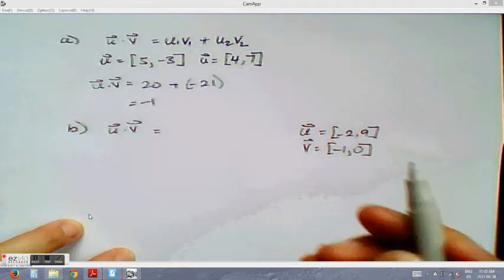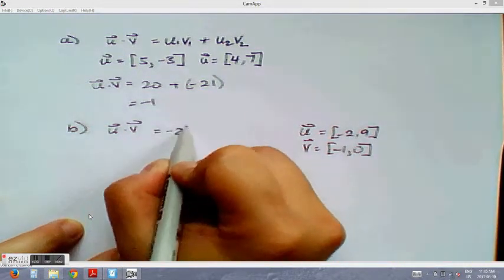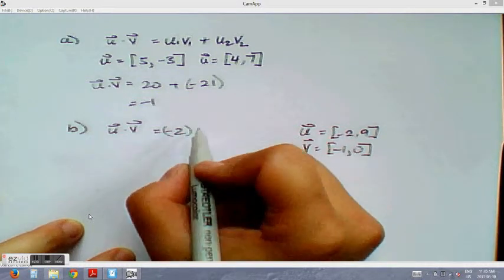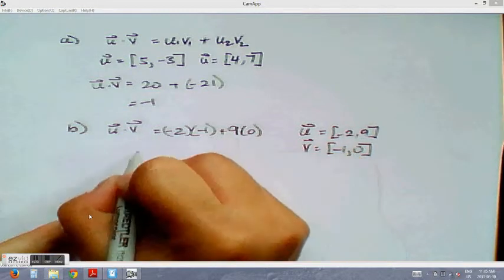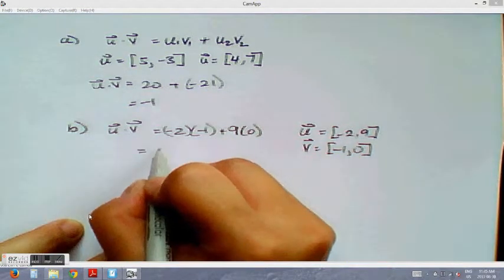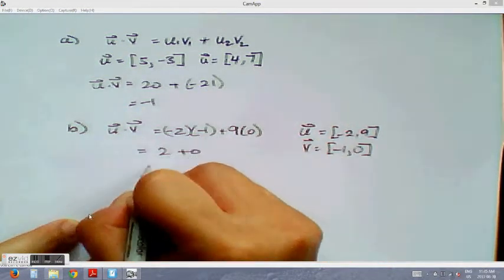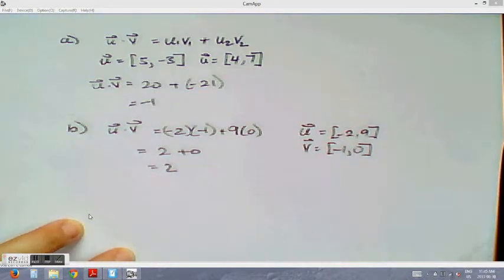Okay, so we have -2 times -1 plus 9 times 0. 2 plus 0 is +2.